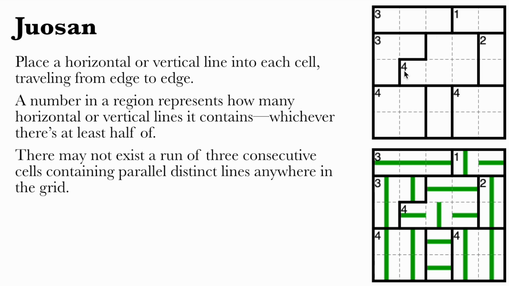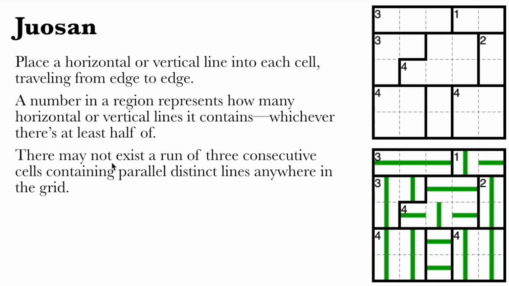So this 4 in the middle tells us that there either are 4 horizontals and 1 vertical, or 4 verticals and 1 horizontal. The 1 clue means we have 1 of each. The 3 clue here means we have 3 of one and none of the other.